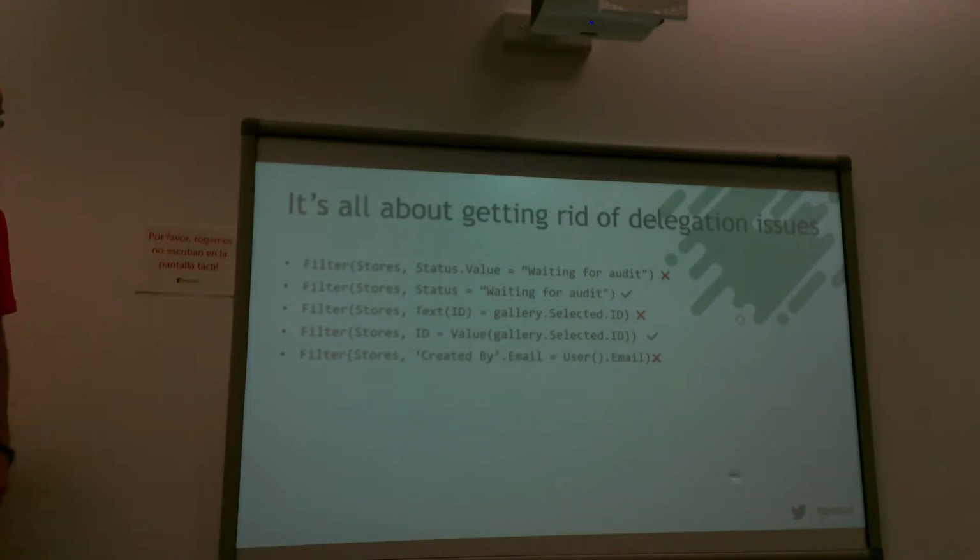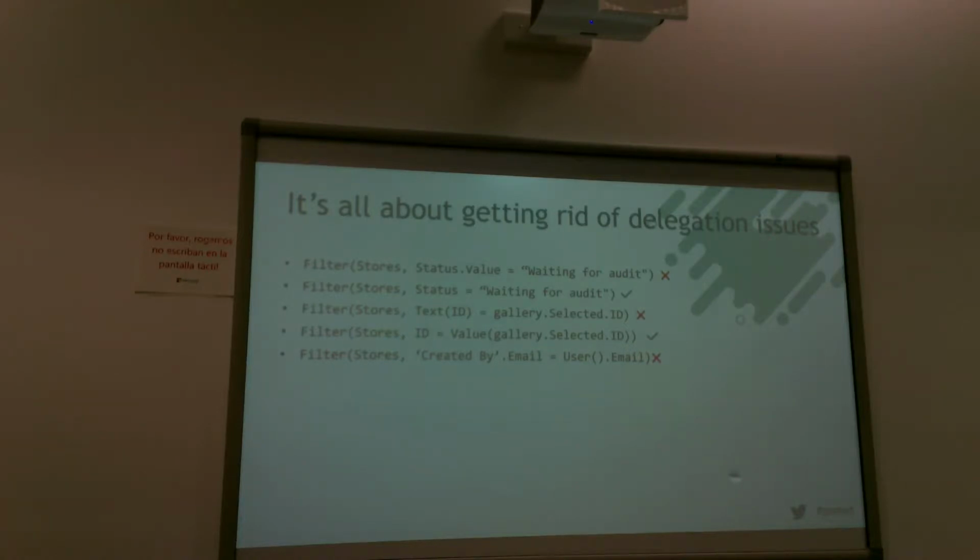Next one, in almost every solution, we like to filter items by who created them, who approved them, who modified them. And here in SharePoint we have these nice Created By and Modified By columns. And those columns are again complex columns you cannot touch. You cannot filter or look up by using those.